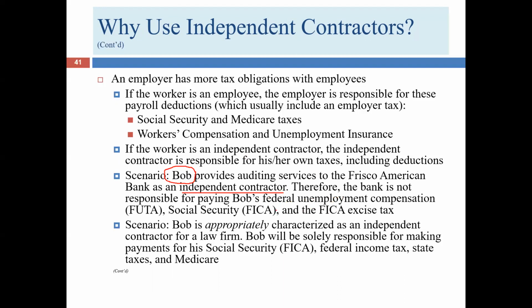So the bank is experiencing a saving. If it at some time in the future decides to hire Bob as an employee, even a part-time employee, then it's going to have to start doing these withholdings and these extra tax payments.